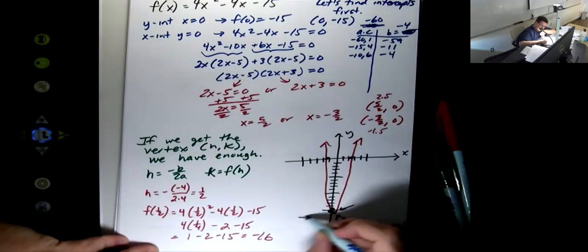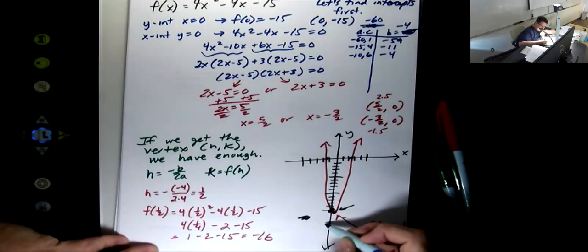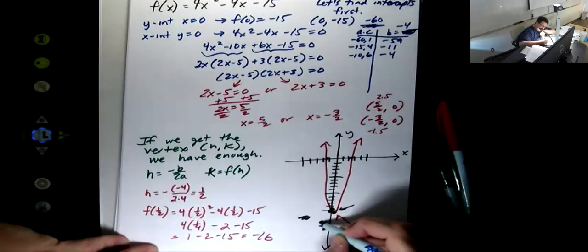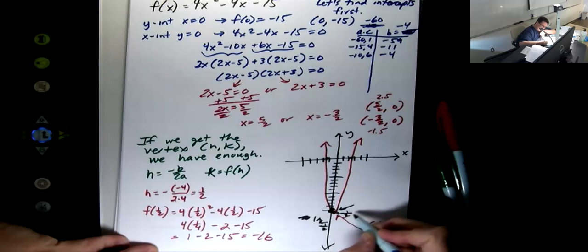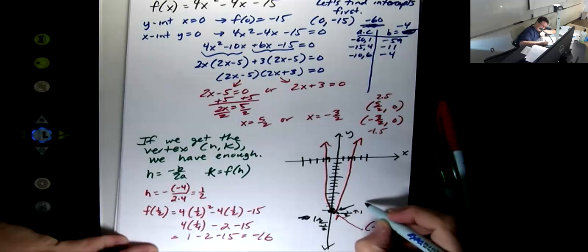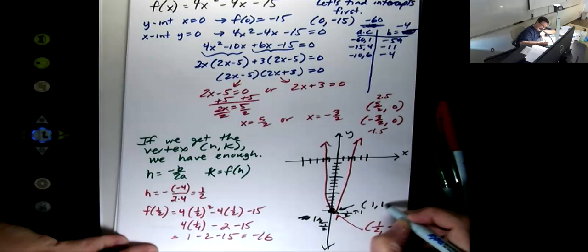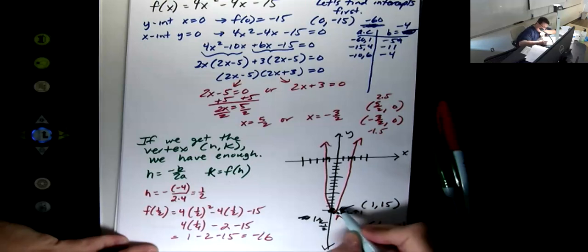From the vertex, you have to go 1/2 back to the left and up 1 to get to there. So you can do the same thing here. Go right 1/2, up 1, and you'll get 1, -15 as another point right there.